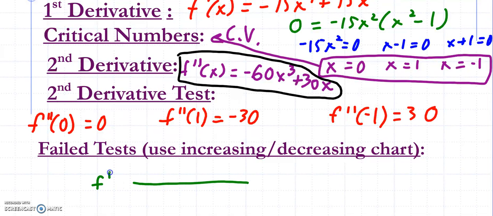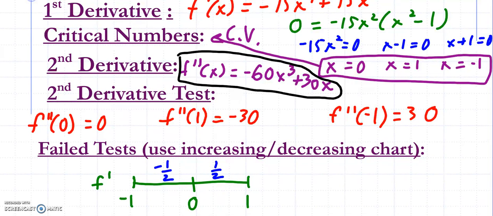So again, f prime. Now, I know that 1 and negative 1 are already relative minimums and maximums, so I still need to put these on the chart though, just so when I'm testing 0, I don't pick anything outside of 1 or negative 1. So I need to pick something between negative 1 and 0 and something between 0 and 1. So let's do negative 1/2, and let's do 1/2.